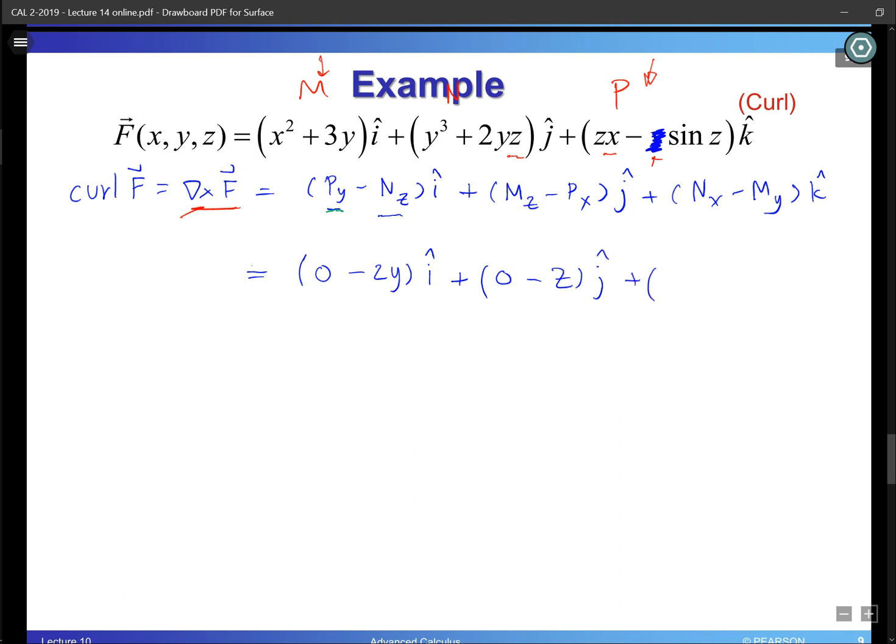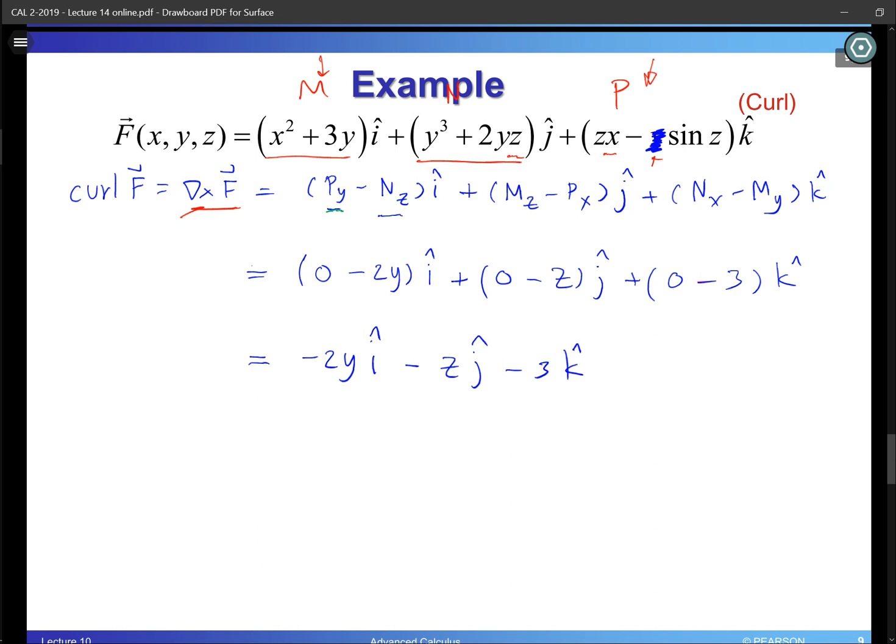Now the last one. I differentiate N with respect to X, and N doesn't have X in it, so it has to come out to be 0. Now I'm going to differentiate M with respect to Y. This comes out to be just 3. That is the last component. So when you combine everything together, you get minus 2y i minus zj minus 3k.